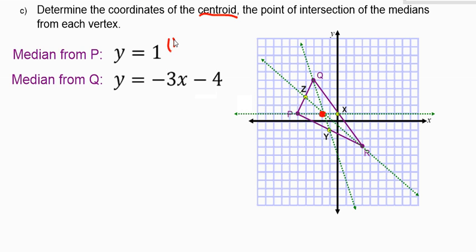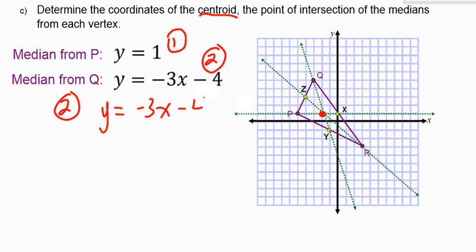So equation 1 and equation 2. And we can solve using either elimination or substitution. This time I'll do substitution. So from equation 2, I know that y equals negative 3x minus 4. And what I'm going to do is sub in equation 1. Instead of y, I'm going to sub in what y equals.